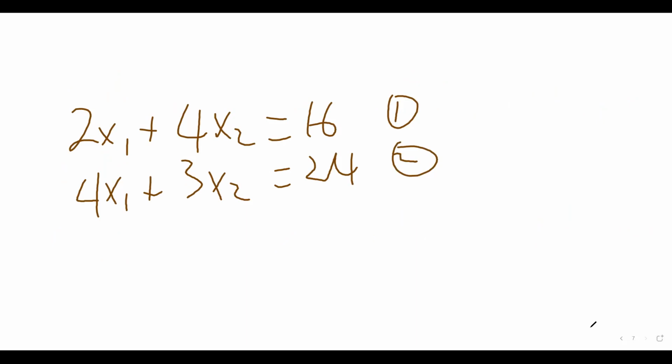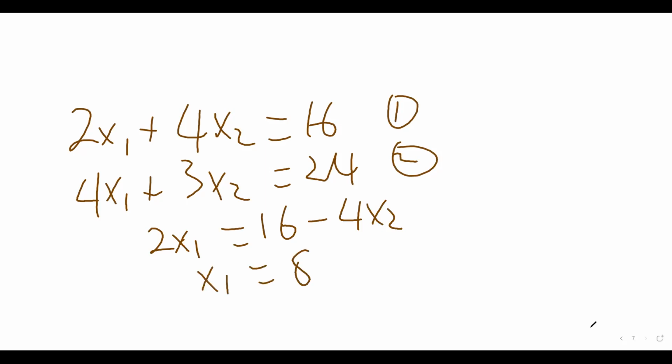So you will have 2x1 equal to 16 minus 4x2. Divide both sides by 2. x1 is equal to 8 minus 2x2. So that is your x1. Now drop this x1 back into 2.